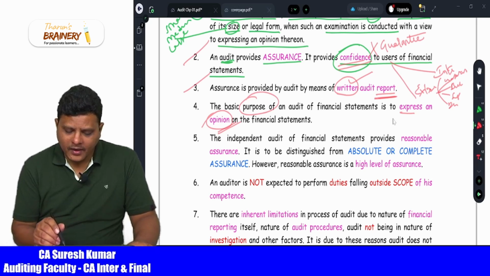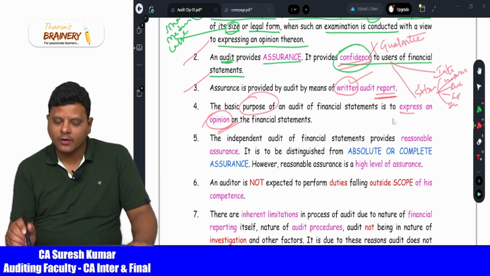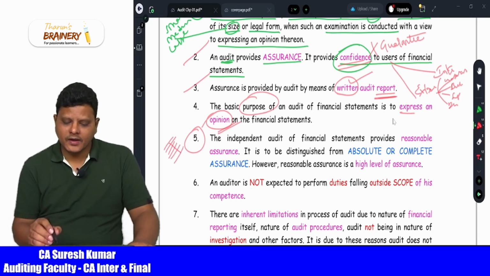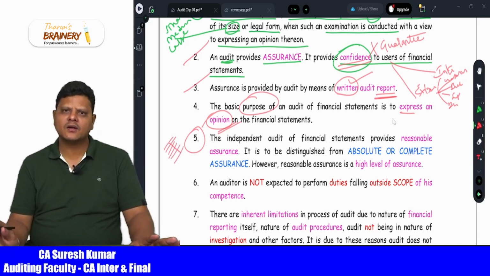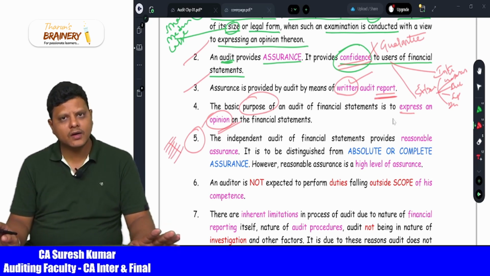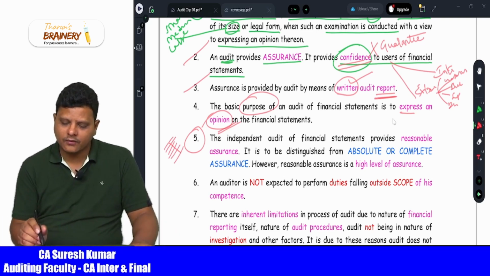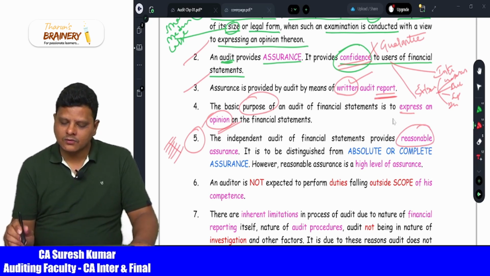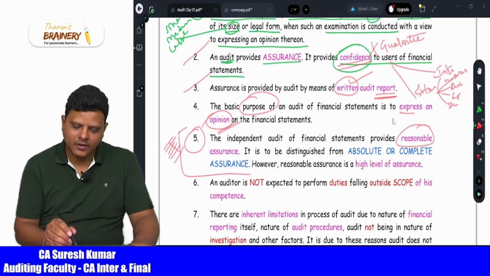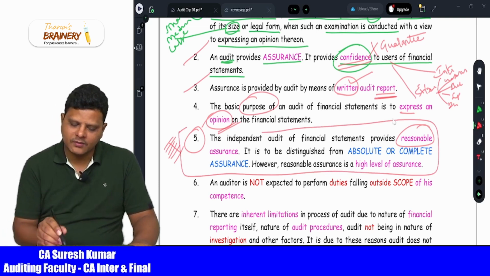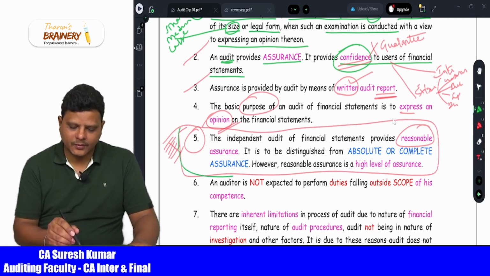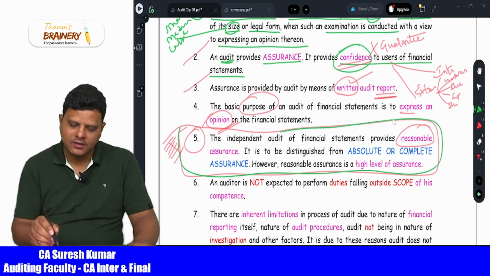Now, the independent audit of financial statements provides, and this is very important for examination, marked as important for examination. Hereafter, audit means independent audit, and auditor means independent auditor. So the independent audit of financial statements provides reasonable assurance. Majority of times they may be testing this in the examination, so let me give one more highlight because it is very important.